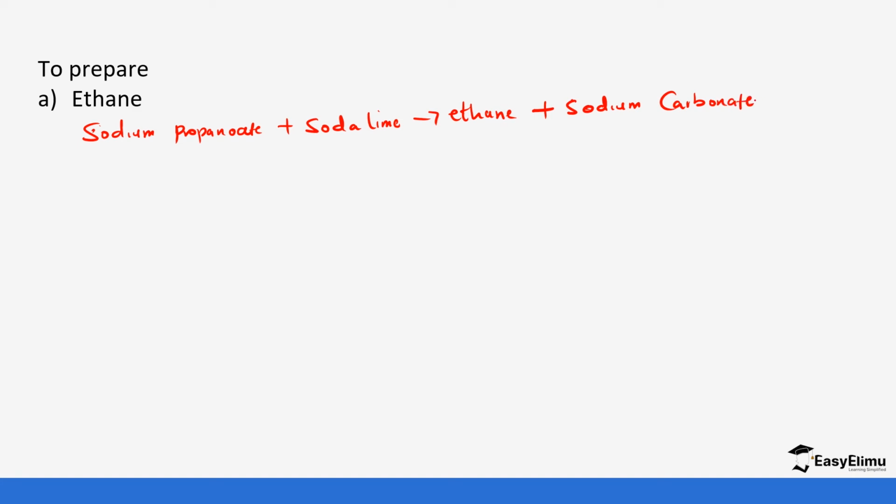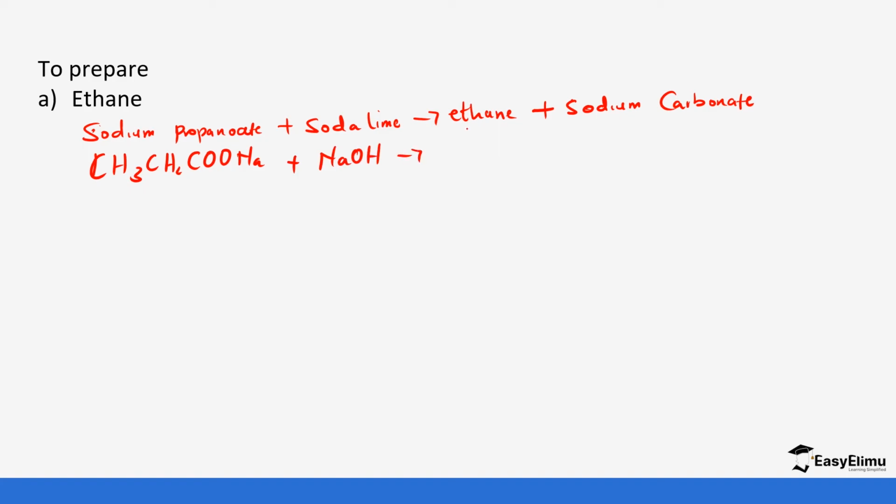So let's convert this into a chemical equation. Sodium propanoate is going to be, so you write the propanoate with 3 carbons. So we have the CH3, and then we have CH2, and then the last one is the one that has the sodium, plus soda lime, which is sodium hydroxide.